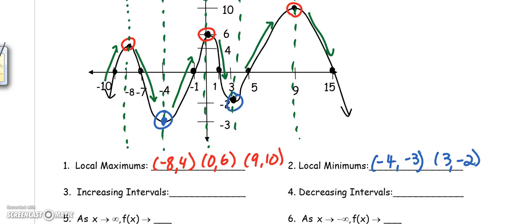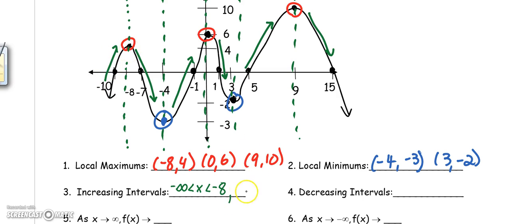So now I'm going to write the increasing intervals only. So we've got when at -infinity is less than x is less than -8. That's increasing because the arrow's going up.